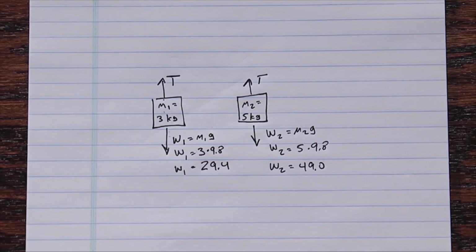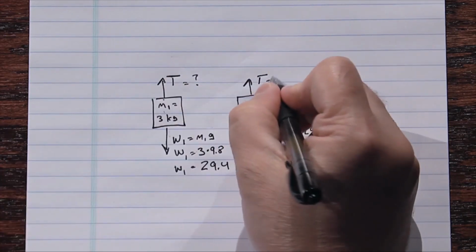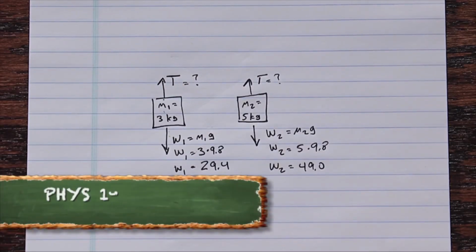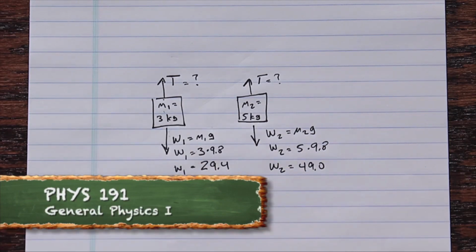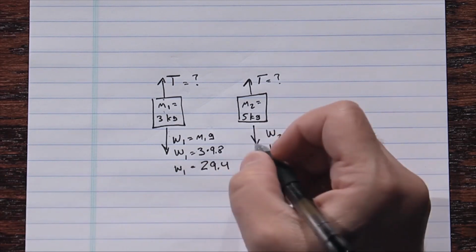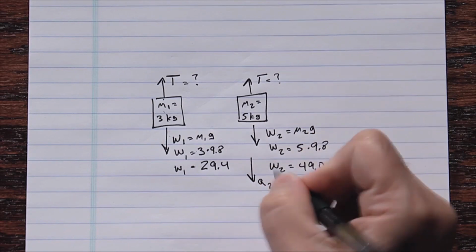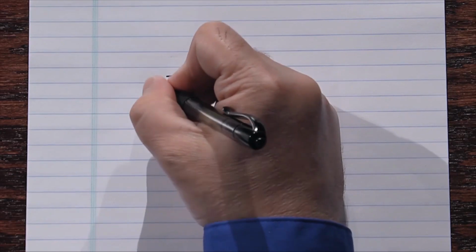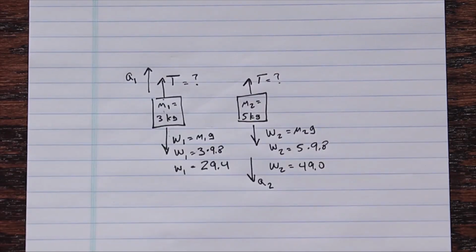So we've drawn in all the forces. We've drawn in our unknowns. Our tension is our unknown, same for both. And we should indicate the acceleration. Well, if we have 5 kilograms on this side and 3 kilograms on that side, we can expect that this one will accelerate downwards, so I'll draw in A2 being downwards, A1 being upwards.